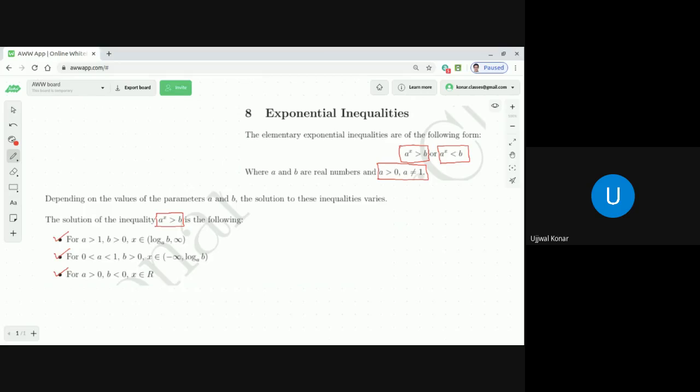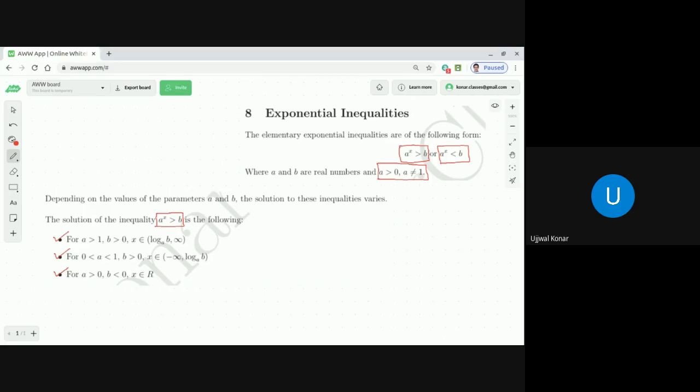If a is between 0 and 1 and b is greater than 0, the solution is the open interval minus infinity to log b to the base a. And the third one is that if a is greater than 0 but b is less than 0, then it is true for all real numbers.